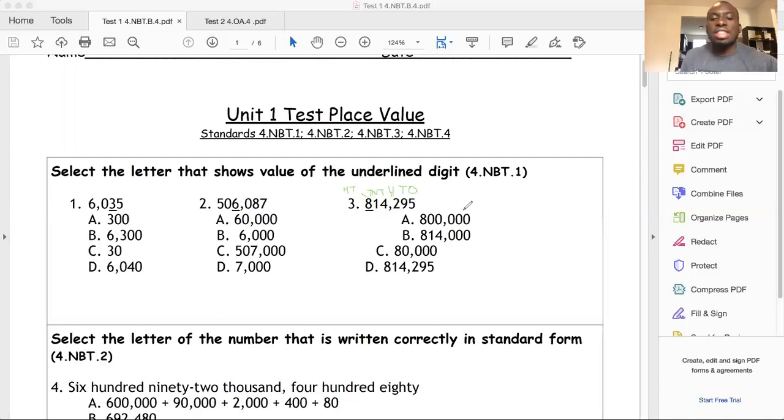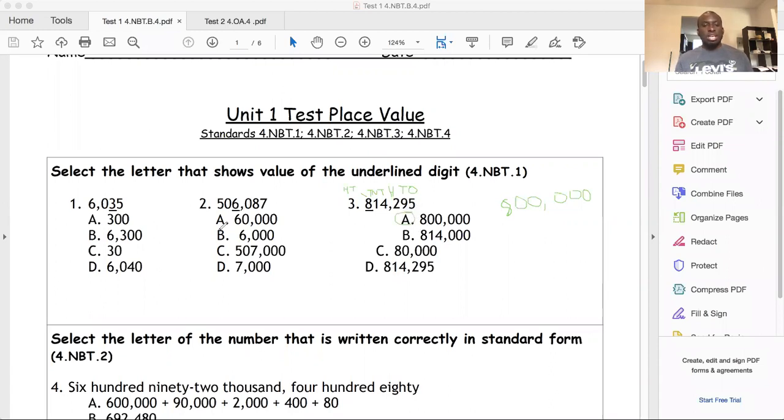And so if I know that that 8 is my 100,000s place, 800,000 written out looks like this. 800,000. So the answer to number 3 is A.